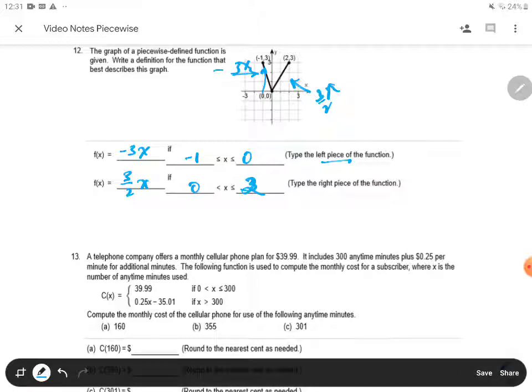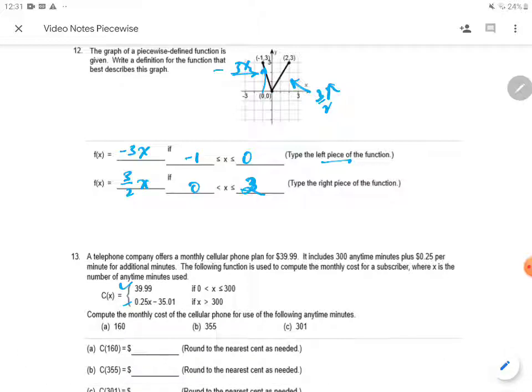Okay, so that's it. The next function question is here the word problem, which I'm choosing to do because it is pretty simple. A telephone company offers a monthly cellular phone plan for $39.99. It includes 300 anytime minutes plus $0.25 per minute for additional minutes. So all that is fine. He has given the functions.